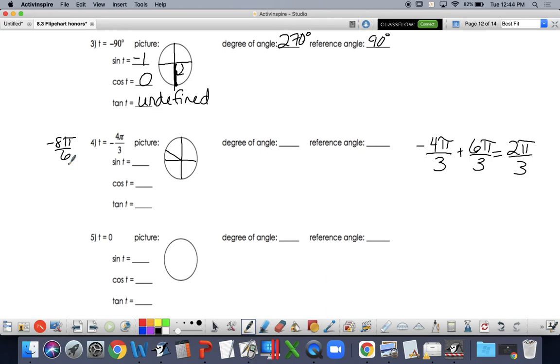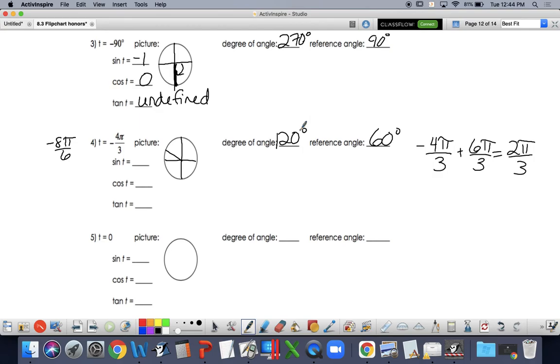So I'm up here. Okay, my reference angle in this case is going to end up being 60 degrees. What I did though is I don't like working with negative degrees, so I calculated a coterminal angle, right? I added 2 pi to where I started so that I would find something that was exactly on my unit circle. 2 pi over 3 is on my unit circle.